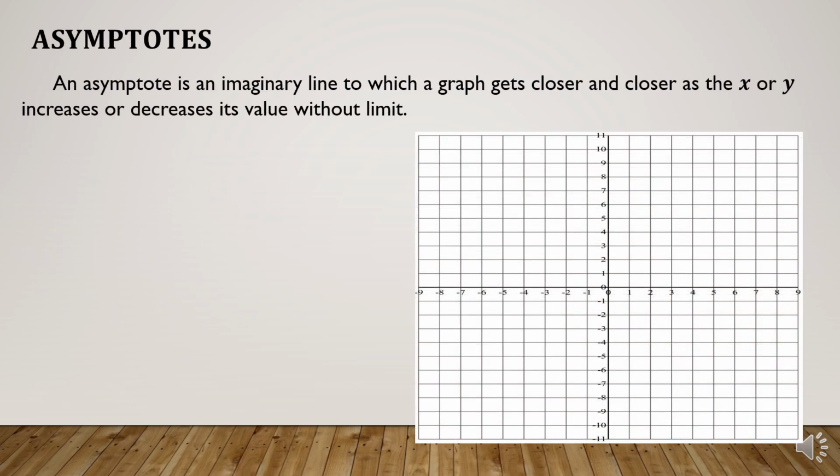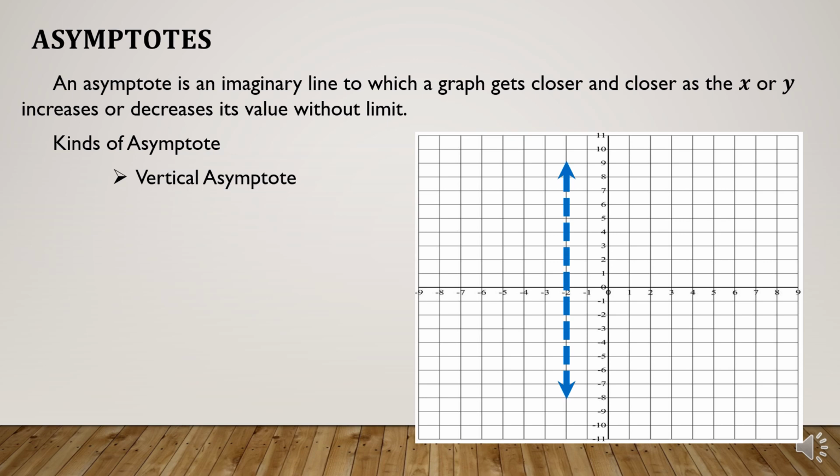Asymptotes. An asymptote is an imaginary line to which a graph gets closer and closer as the x or y increases or decreases its value without limit. There are different kinds of asymptote. The first one is the vertical asymptote. It looks like this.